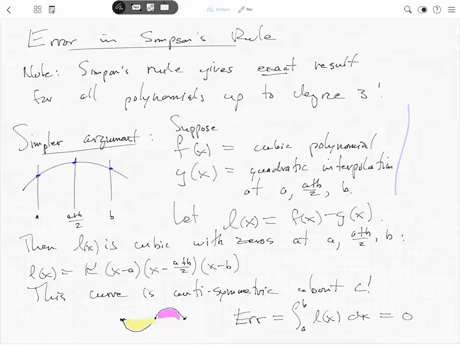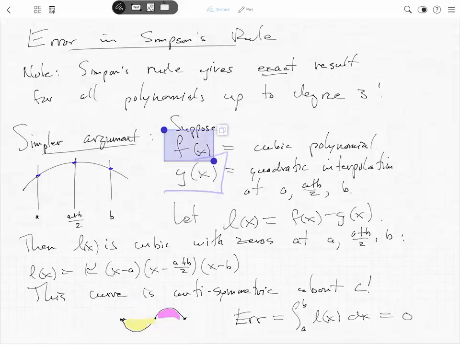Now what I'm going to do on the next slide is replace f by an arbitrary function. So on this page, I was assuming f was a cubic polynomial. On the next page, I'm going to assume that f is an arbitrary function, but otherwise I'm going to carry out the same basic procedure.